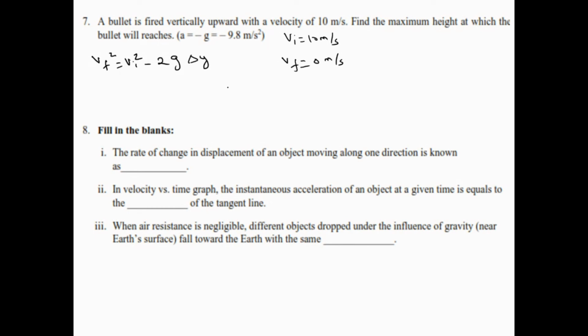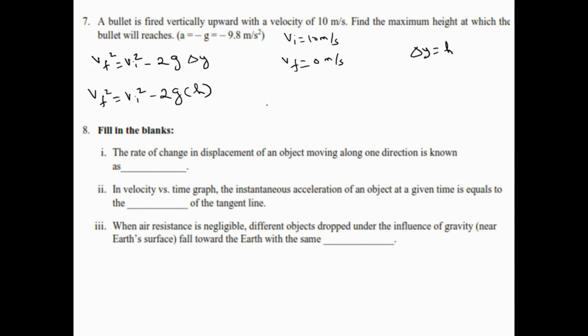Why do I write delta y? Because I'm considering the equation with respect to the y axis. So I have to find the value of delta y, which is exactly equal to the height. So V final square is equal to V initial square minus 2 into g into height, and we are going to find the value of height.